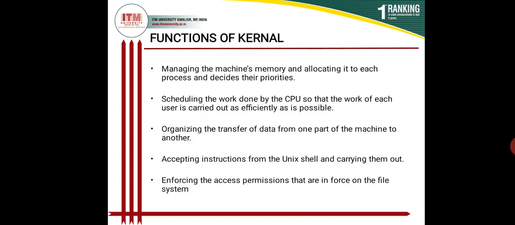That means if we have multiple processes at the same time, it will decide which particular process will execute first and which process will execute next. These types of operations can be performed by the kernel.